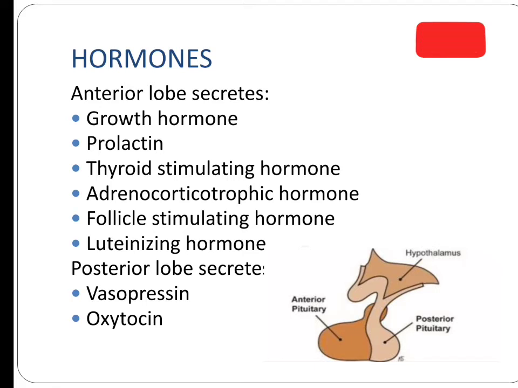The anterior lobe secretes the growth hormone, prolactin, thyroid stimulating hormone, adrenocorticotropic hormone, follicle stimulating hormone, and luteinizing hormone. And the posterior lobe of the pituitary secretes vasopressin and oxytocin. These are the hormones secreted by the pituitary gland.